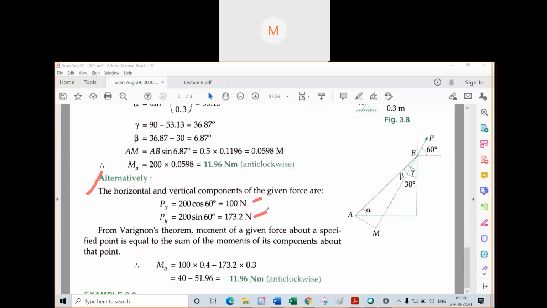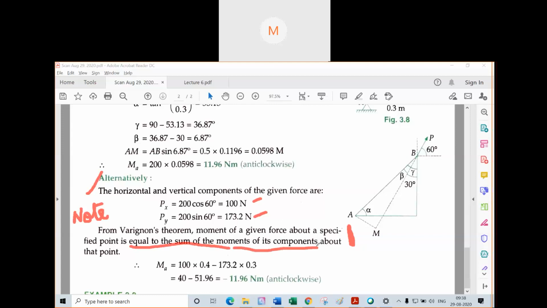Now we all know, you can write this one as a note. Write this line: from Varignon's theorem, the moment of a given force about a specified point is equal to the sum of the moments of its components about that point.